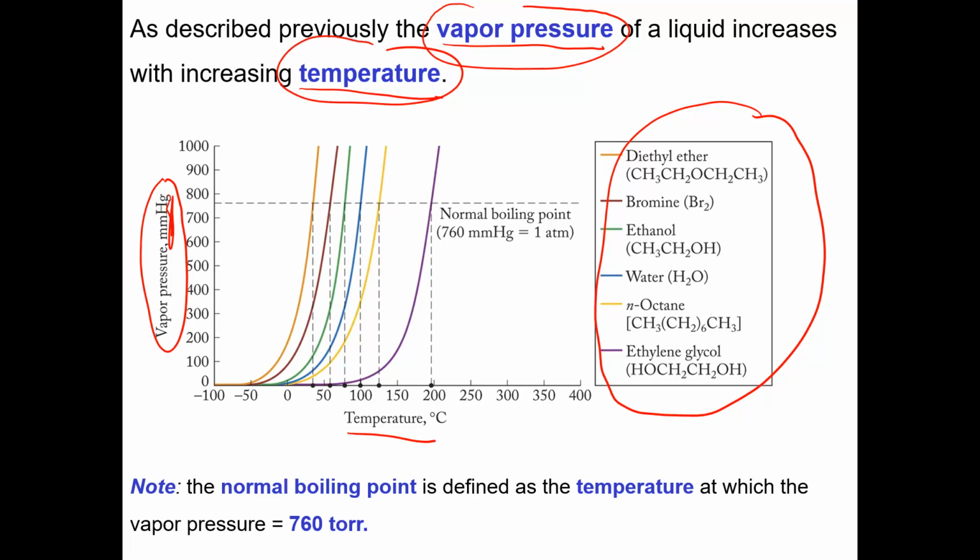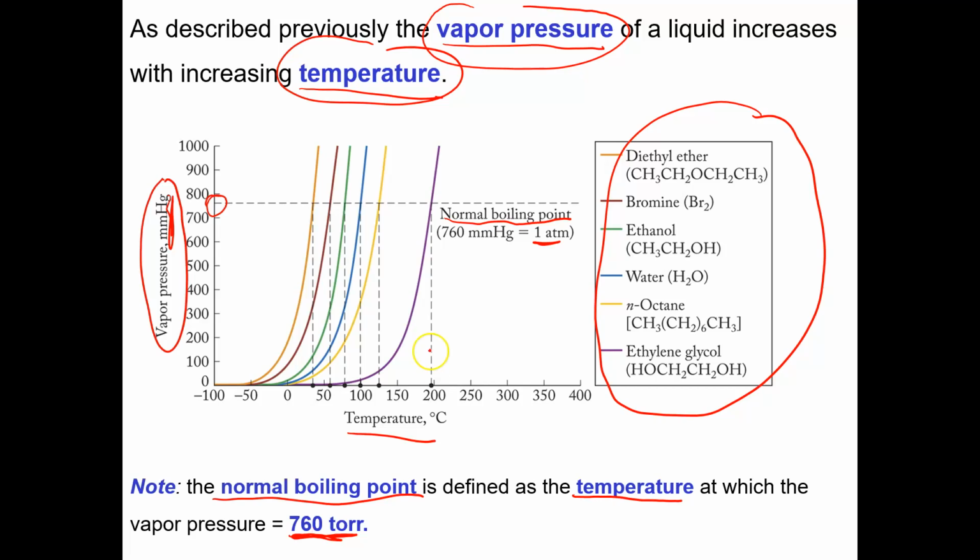The next thing we see when we look at this graph is that they've drawn a line at 760 millimeters of mercury, which is 1 atmosphere, if you remember that from chemistry 161, and they've labeled that line the normal boiling point. So what is this? The normal boiling point is defined as the temperature at which the vapor pressure equals atmospheric pressure, or 760 torr.